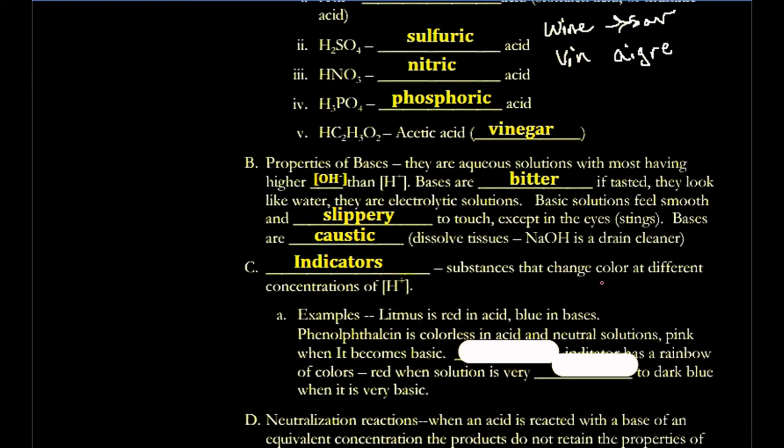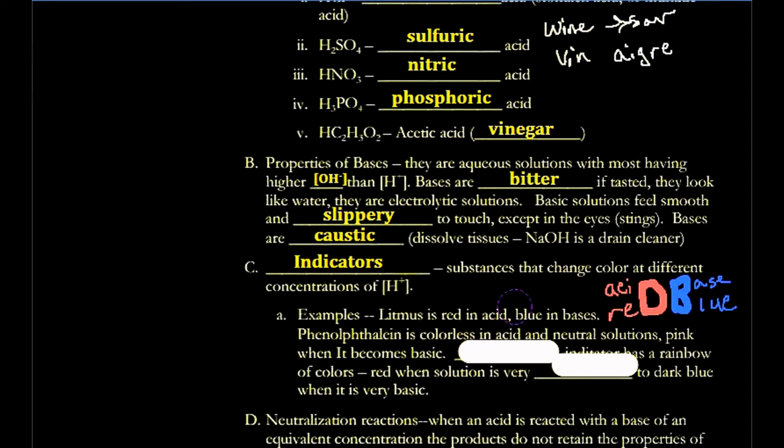For acid, you have litmus paper turning red, and for bases, you have litmus paper turning blue. So the mnemonic I have for litmus paper is that acid turns litmus paper red and bases turn litmus paper blue.